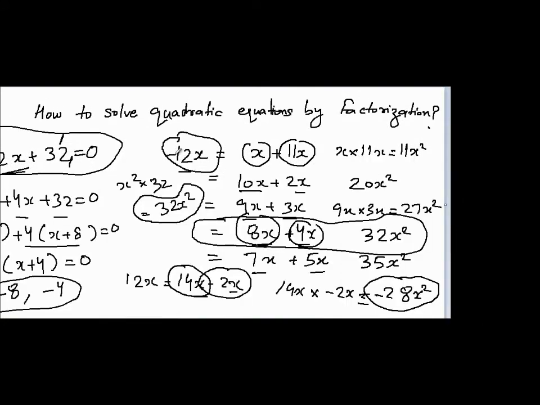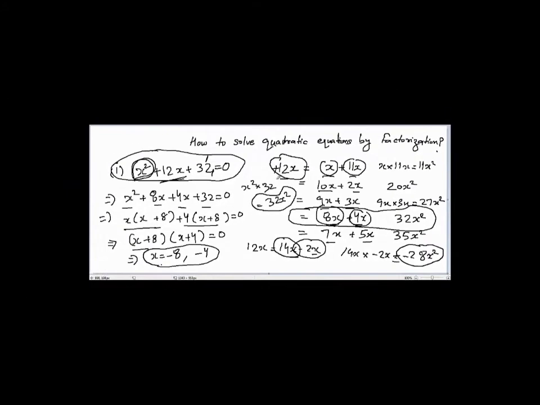And this 12x is also positive, so the terms in which we are splitting this 12x have to be positive. That's why 8x and 4x are positive, because the product of these two terms is positive and the sum of these two terms is also positive because we have 12x positive here.